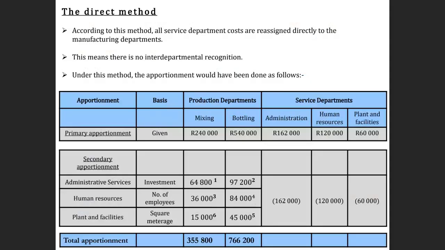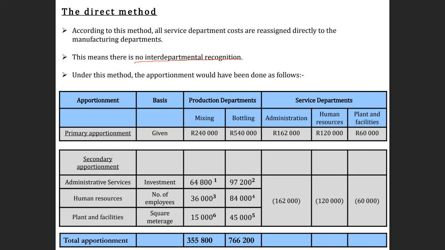So we're going to start off with the direct method, and under the direct method, please make note of it, if you have the slides, please highlight that. Under the direct method, when we allocate costs, there is no interdepartmental recognition.